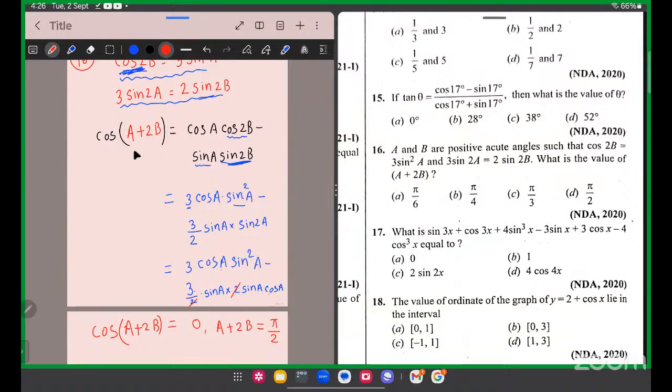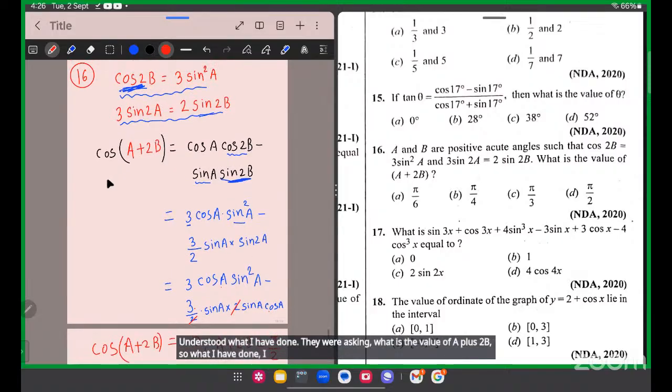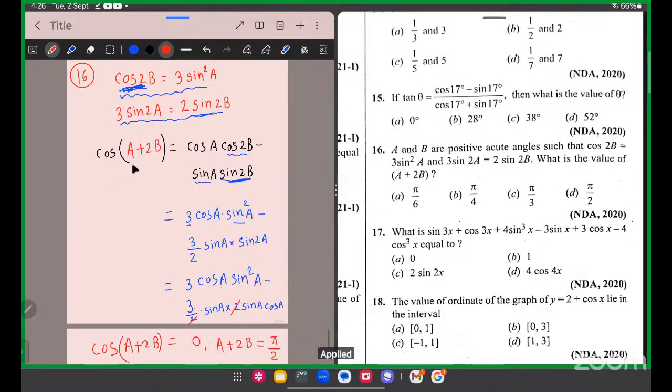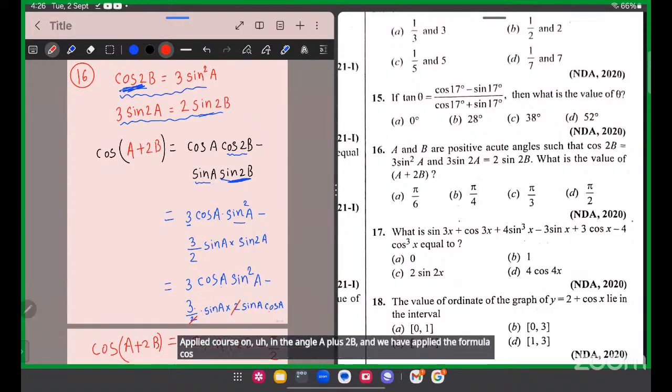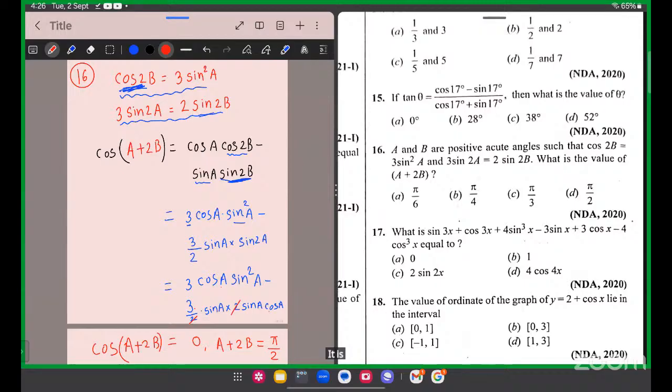They were asking what is the value of A plus 2B. So I have applied cos on the angle A plus 2B, and we have applied the formula cos A plus B. What is the formula of cos A plus B? It is cos A cos B minus sin A sin B. So in place of B, we have 2B here: cos A into cos 2B minus sin A into sin 2B.